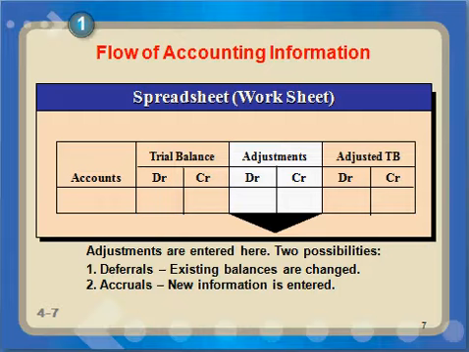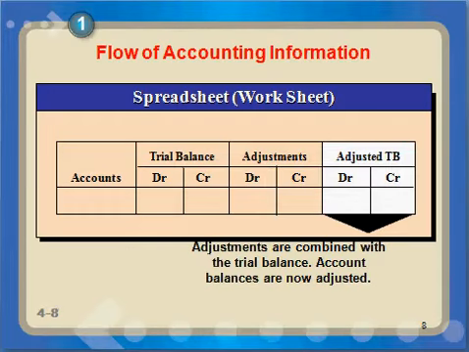And then we take those adjustments and we either debit or credit the trial balance column and come up with our adjusted trial balance column. And once we've posted those adjusting entries to our ledger, this adjusted trial balance amount should be what is shown in our ledger as of the end of the period.